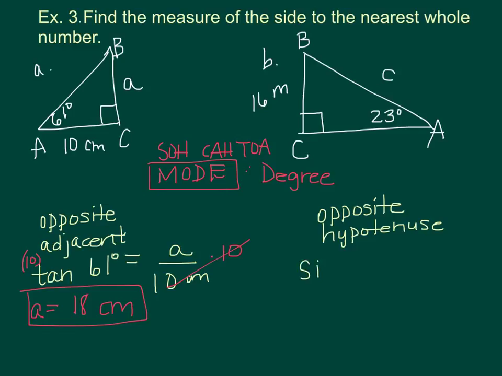So we write sine 23 degrees equals opposite over hypotenuse. So now we're going to solve for C. This one is going to take 2 steps, because first we have to multiply both sides by C, so that we don't have a fraction anymore. And then you're going to divide.